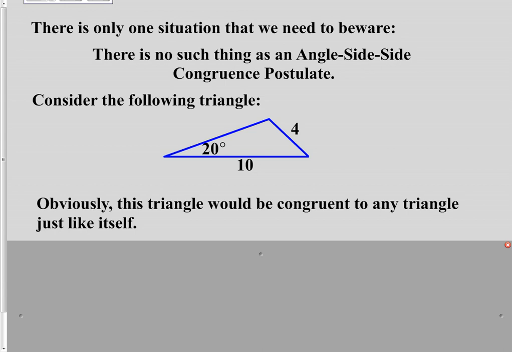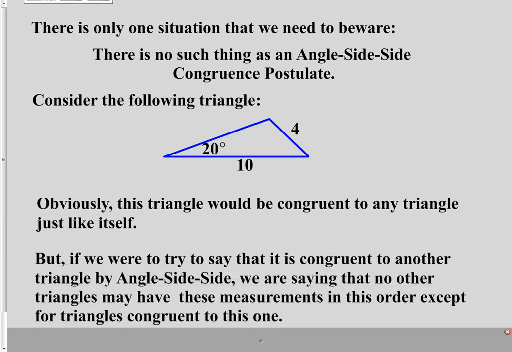However, if we were trying to say that this triangle were congruent to another triangle by this fictitious angle side-side idea, then what you're ultimately saying is, if you say triangle 1 is congruent to triangle 2 by angle side-side, then there is no way that they cannot be congruent. They must be identical if they obey an angle side-side relationship.